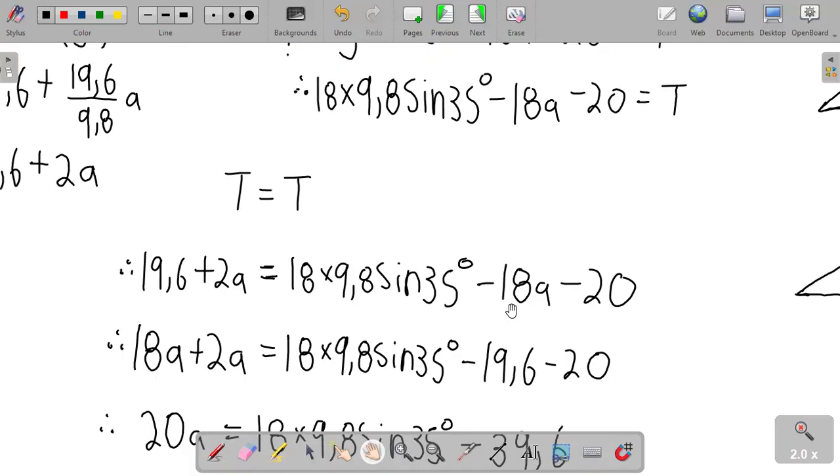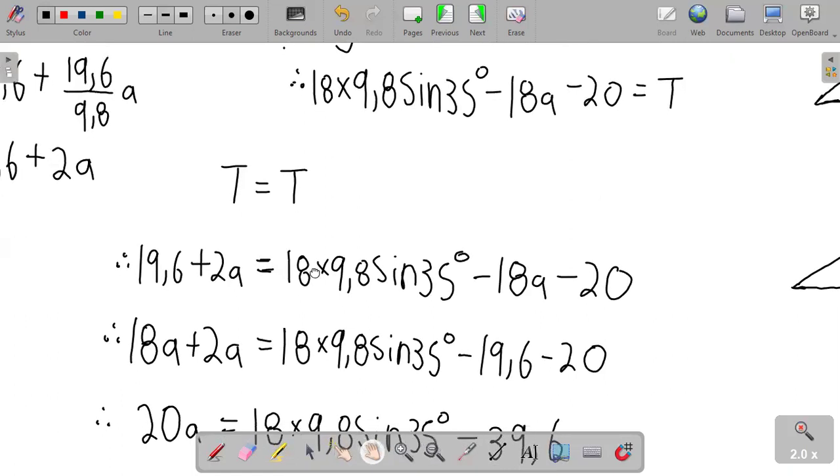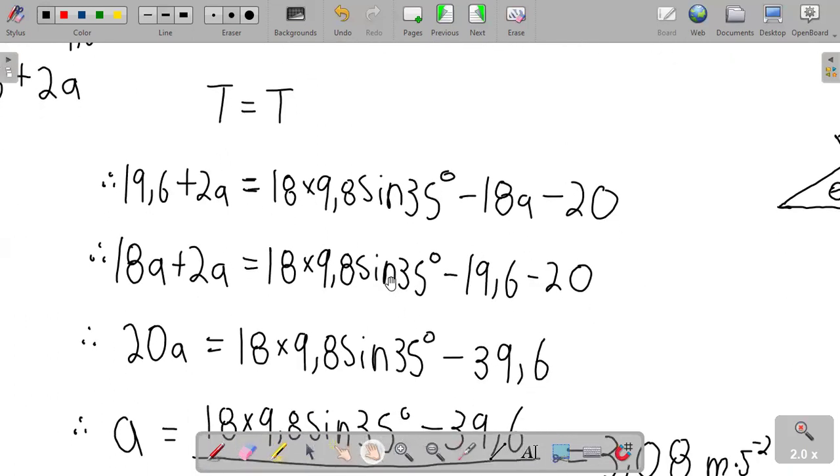So when you equate the two tensions, you eliminate the tension from the equation and you are left with numbers and A. So then you can find A when the tension is gone. Okay, you can group the A's one side and take all the numbers and group them the other side.